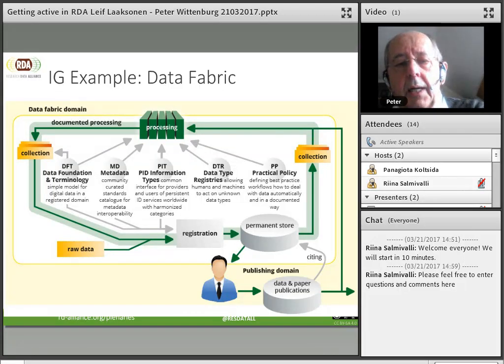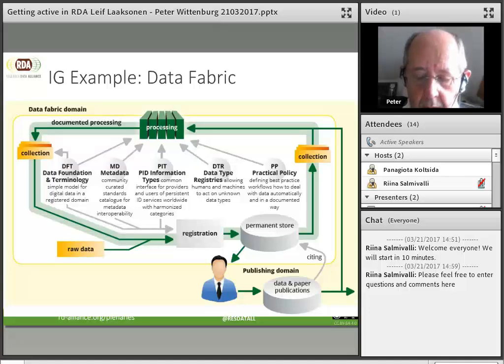The DTR, I mentioned that, is about how to simplify processing, how to link types which are stored and part of collections, how to process them. So you see that this data fabric interest group is a discussion forum for many people to discuss this cycle and to optimize this cycle.